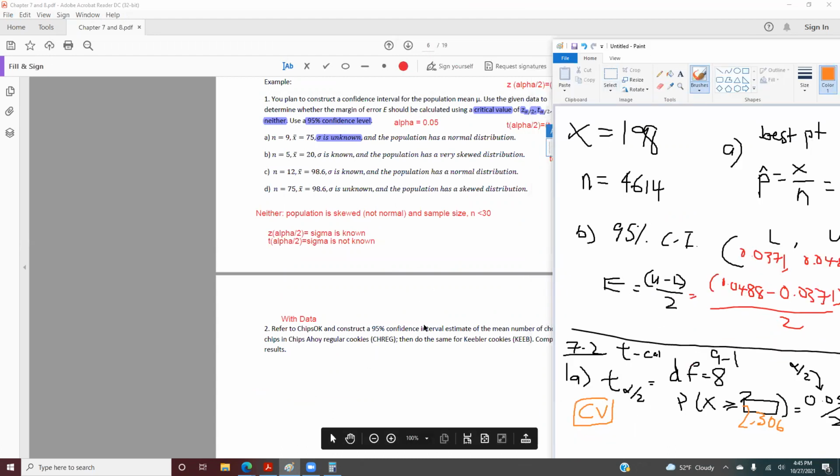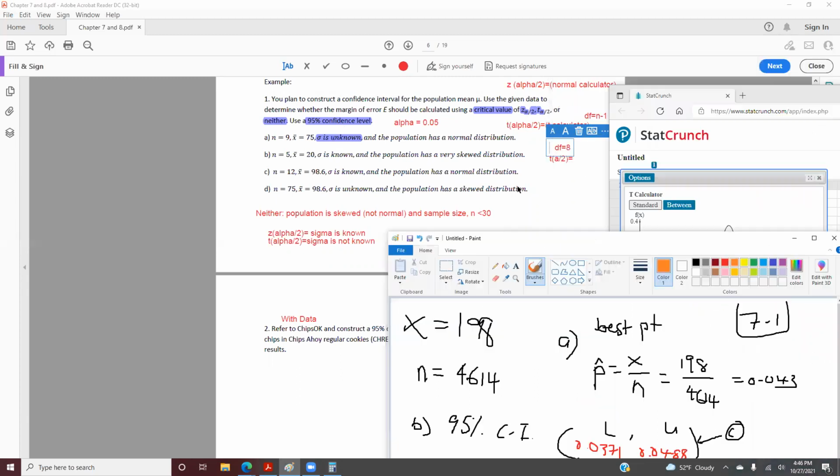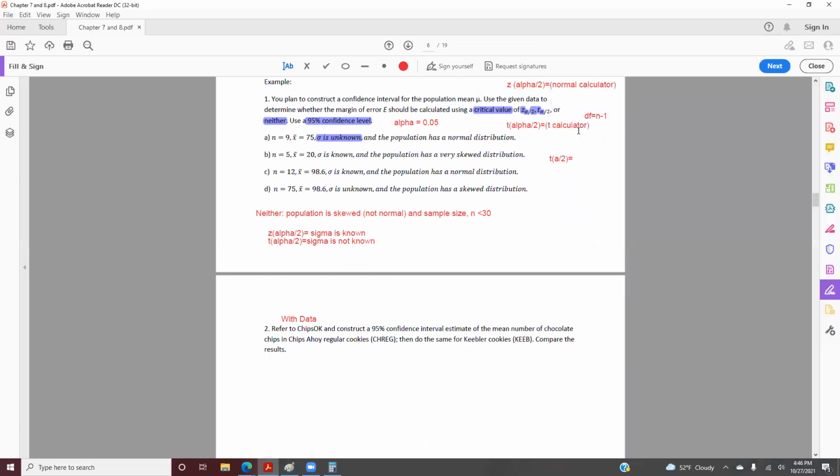If a question is finding the confidence interval, then you use 0.95. So you have to watch out for what the question is asking you for. Again, read the question carefully. This is finding the critical value, and this is to find the confidence interval. So it's very clear. The answer here is 2.306.